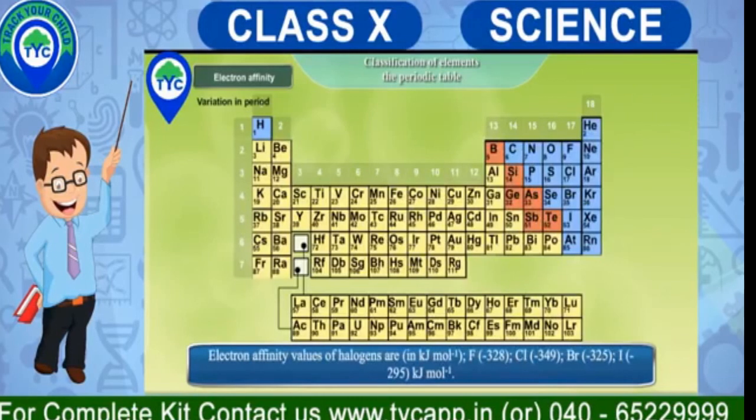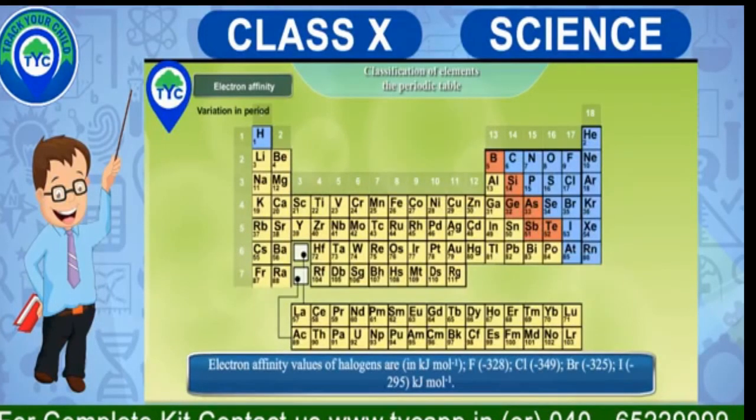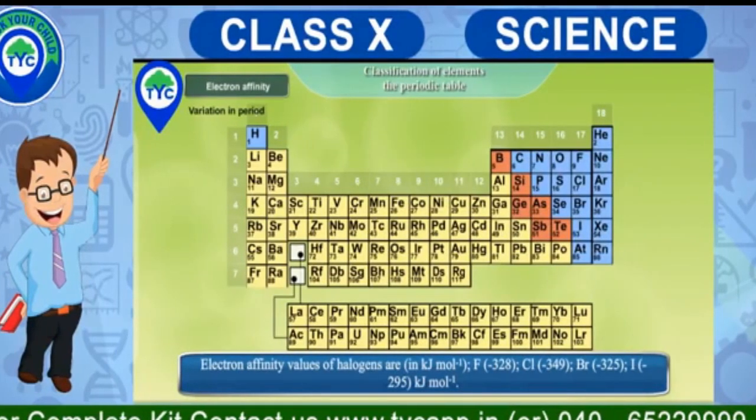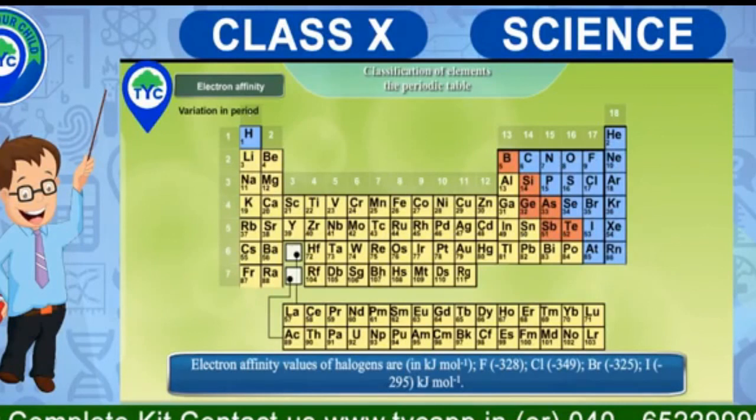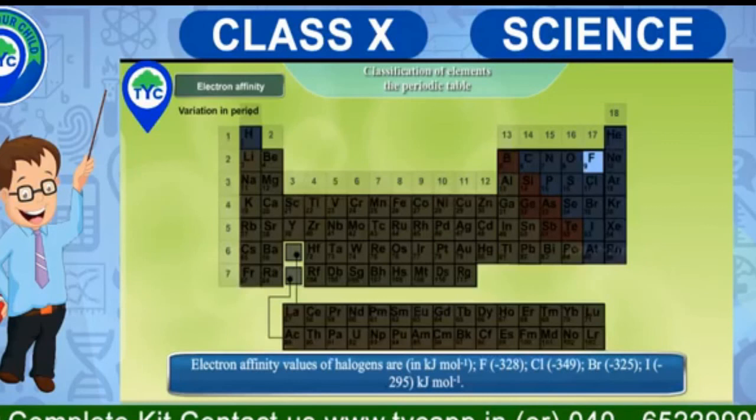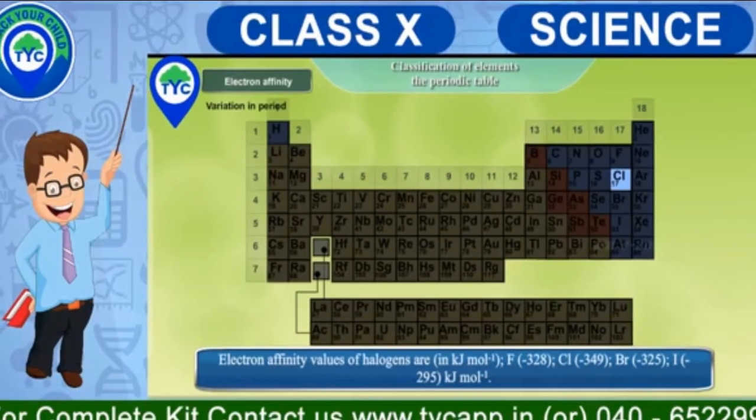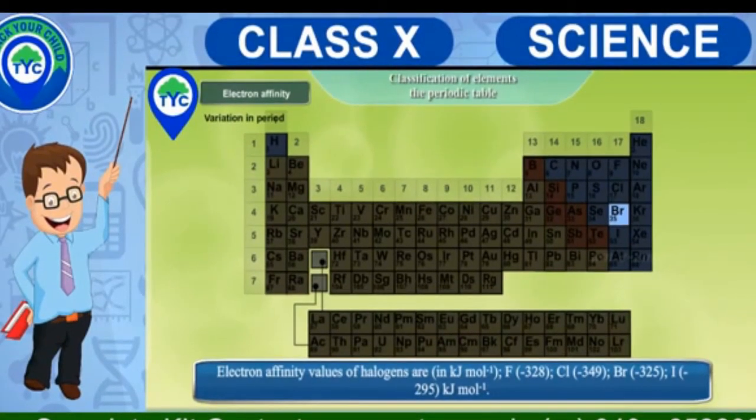Electron affinity values of halogens, in kJ per mole, are F minus 328, Cl minus 349, Br minus 325, I minus 295 kJ per mole.